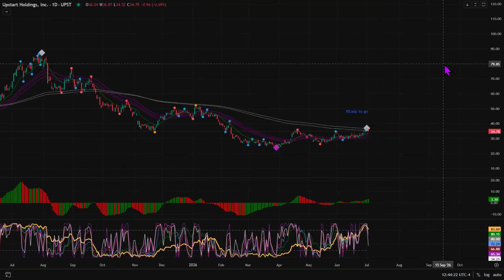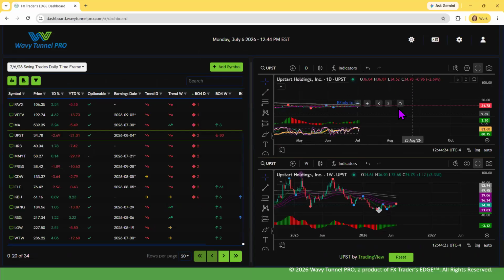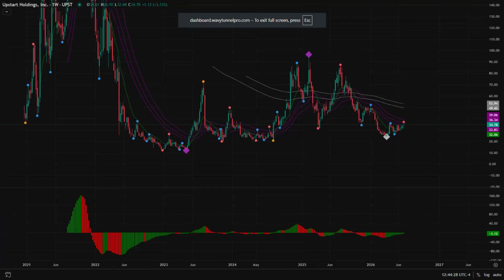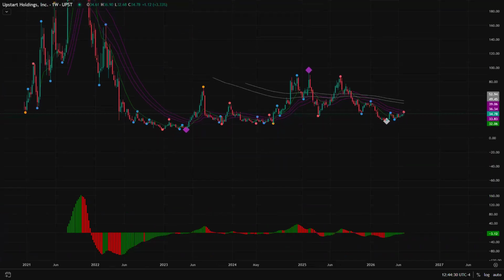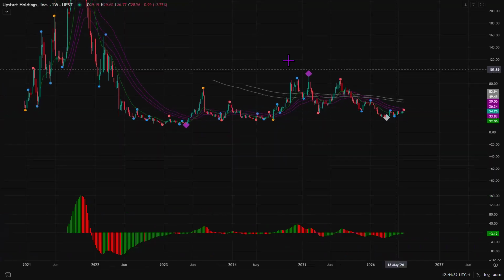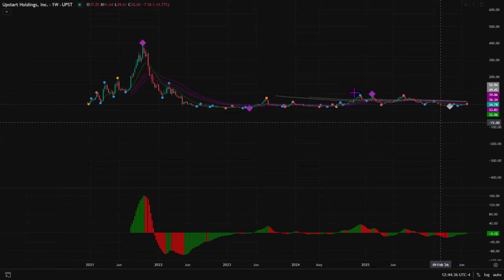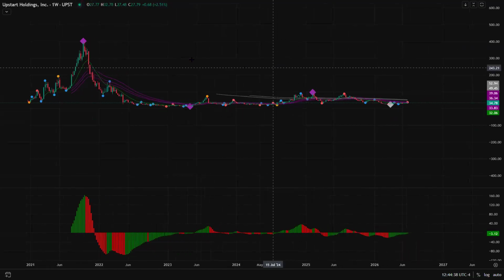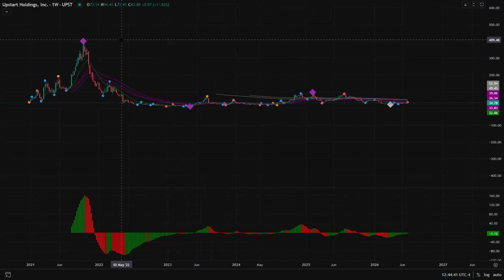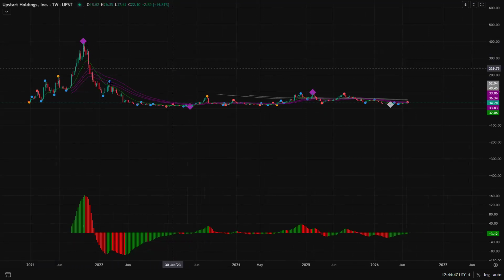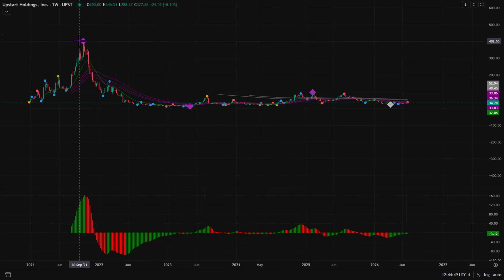Let's look at the weekly. So this was one of the wild rides up to the 400 area, and now we had a purple semaphore, purple, purple.